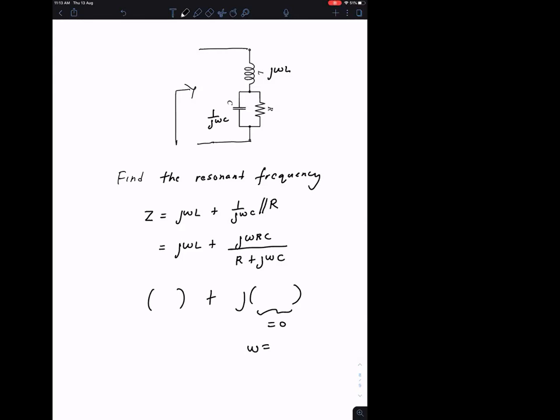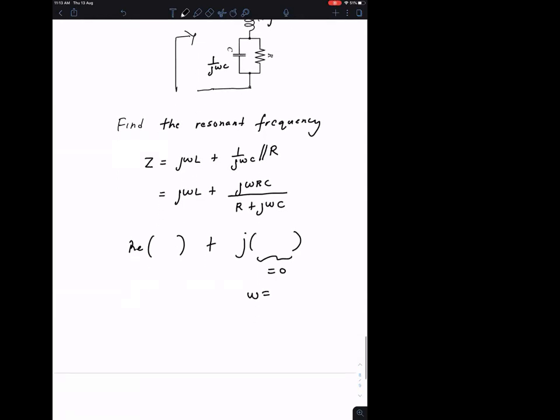You separate the real and imaginary. So the real part inside here, how do you do it? Please try on your own.